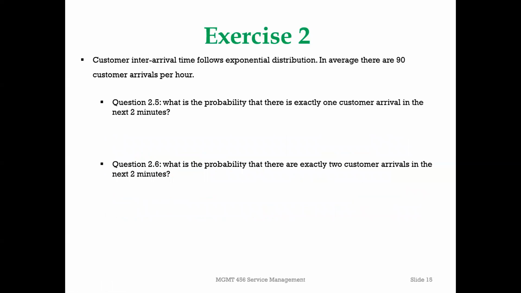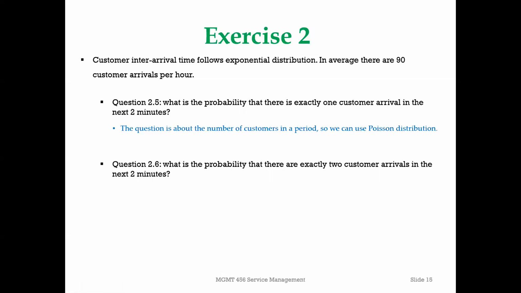Now we have two more questions, question 2.5 and question 2.6. First, look at question 2.5. What is the probability that there is exactly one customer arrival in the next 2 minutes? It sounds like how many customers in a period, so obviously we can use a Poisson distribution.